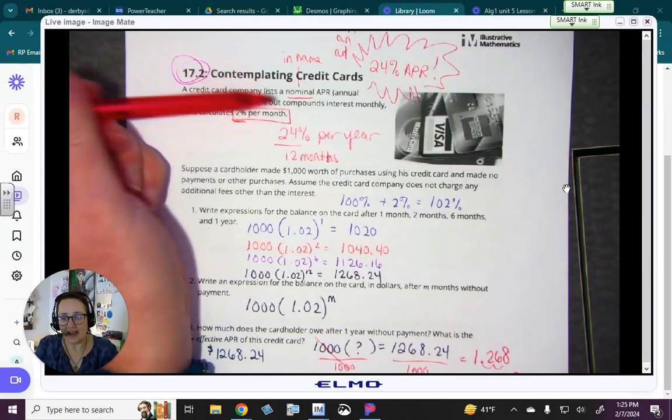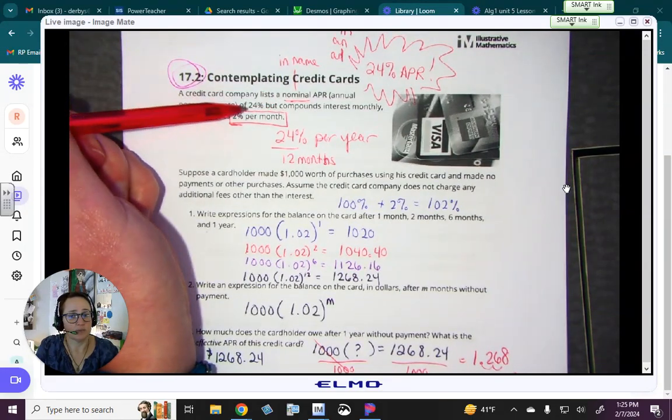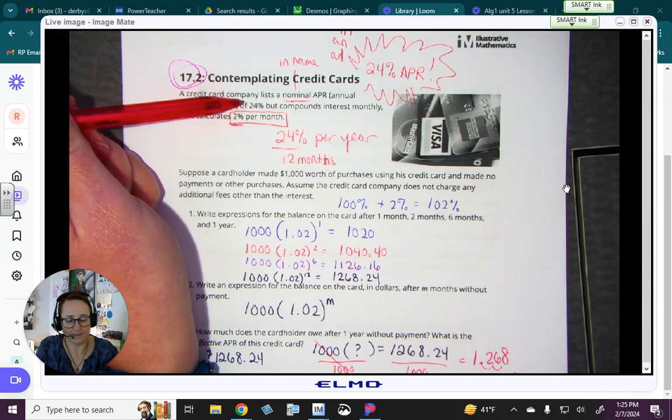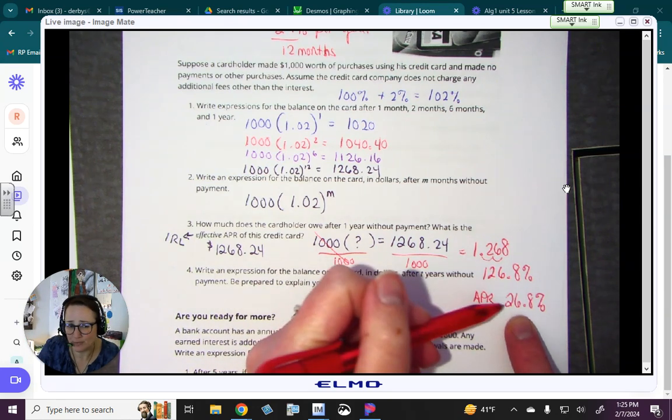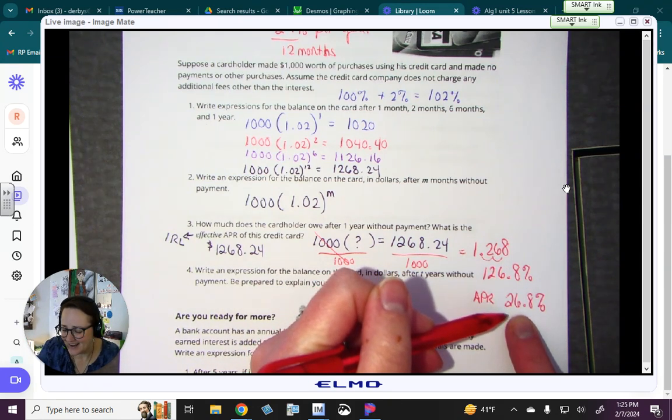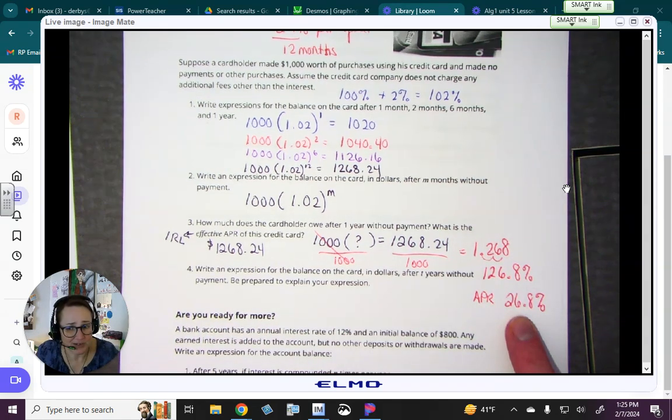So their ad says 24% APR, but in reality, they got even more money. They actually got 26.8%. Now, they don't put this in the ad because it's more than 24.